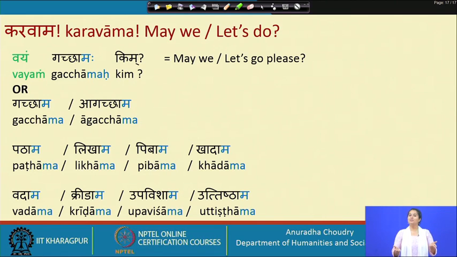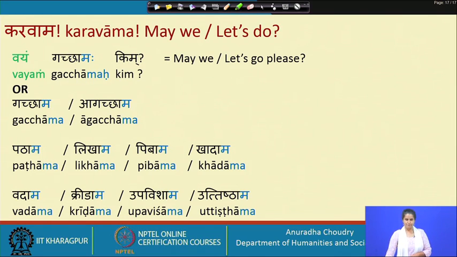Uttishthamaha, uttishthama. Uttamam. So I hope you've got a hang of this now. It's very easy. The imperative is really easy. If you know the present tense very well for the plural of the first person, all you need to do for the common words at least is to just remove the aspirated sound and you will get the plural for the imperative for the first person.